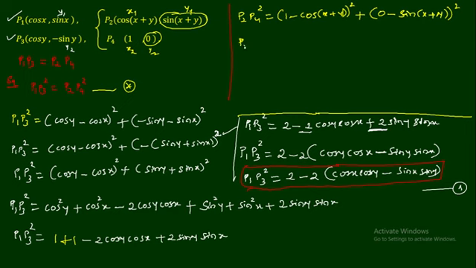Again start simplifying, P2P4 square again looks like a formula, a minus b the whole square. This is a, this is b, a minus b the whole square.